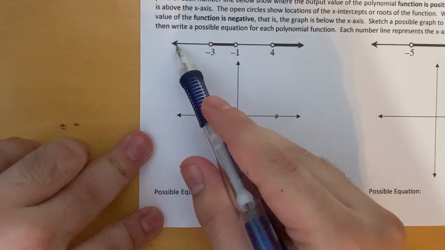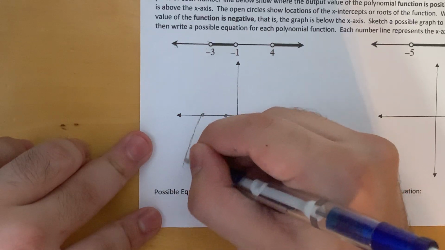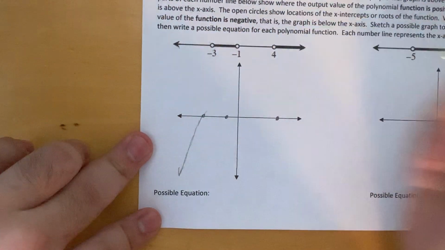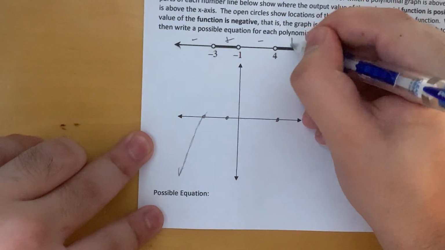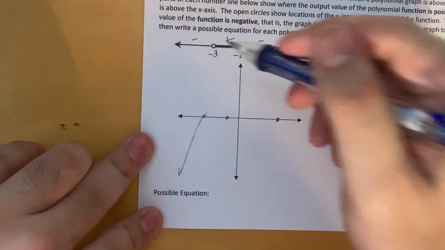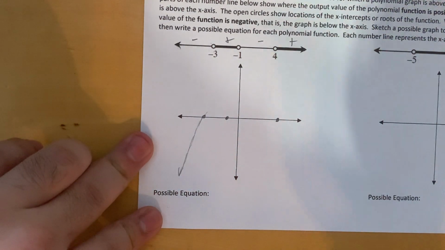So we know that it starts from the negative until it hits -3. So it's going to start off down, going downwards. Then it's going to go positive because it's over there. And if you want, you can write negative, positive, negative, positive to show which parts of the number line are negative, which parts are positive. And then we can do the same for the second one. But we'll worry about that then.